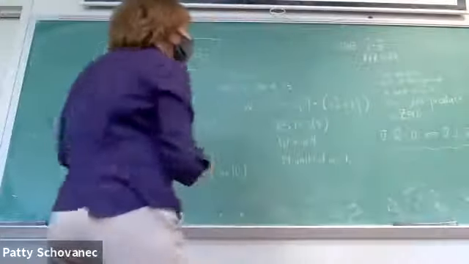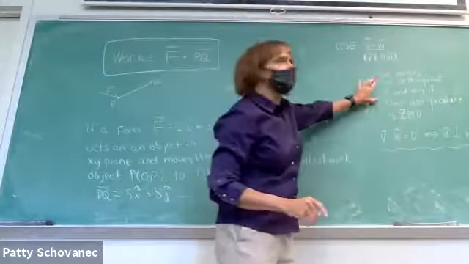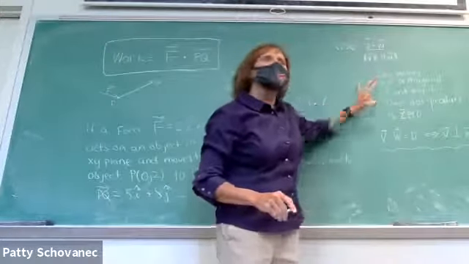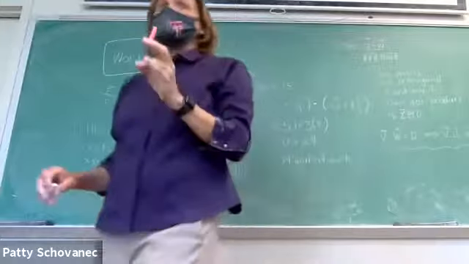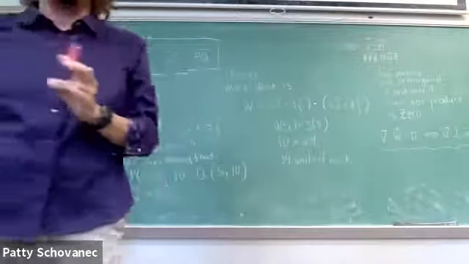Now, I told you what it looks like if two vectors are orthogonal. Two vectors are parallel if one is a scalar multiple of the other.